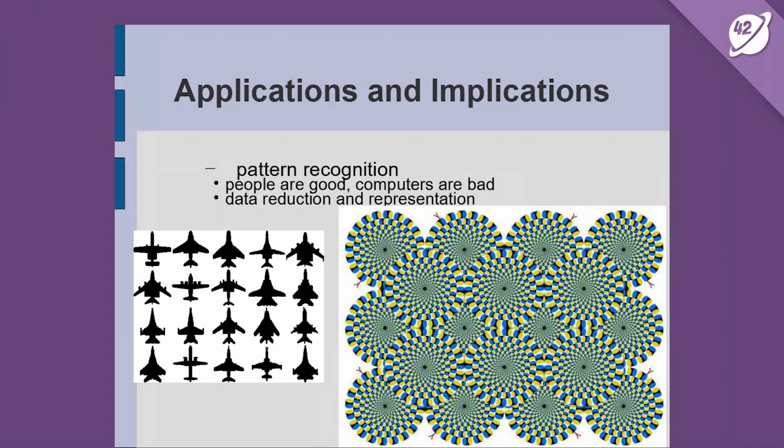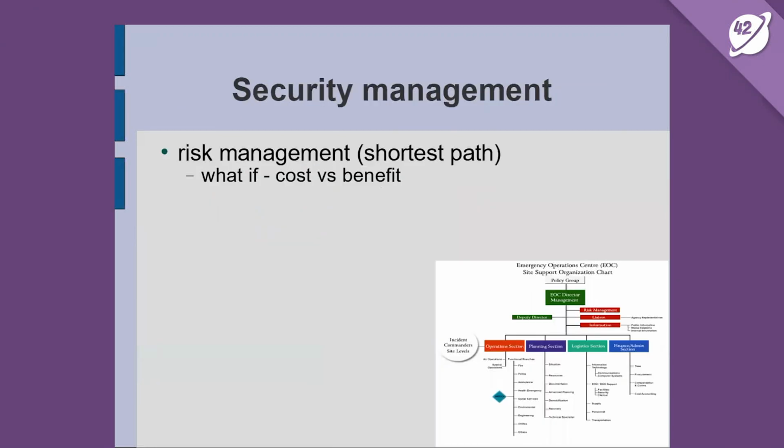People are good at this, computers are bad, but quantum computers are going to be much better at pattern recognition. And so that type of thing that we want computers to be able to do is going to be much easier with quantum computers.